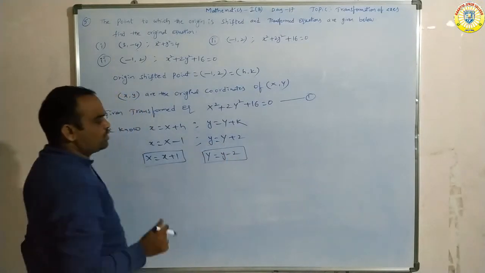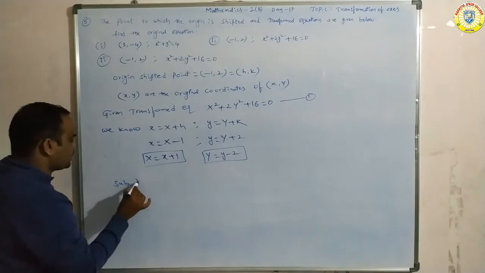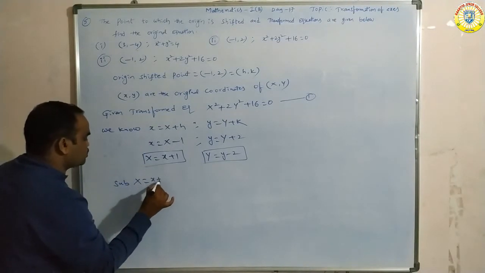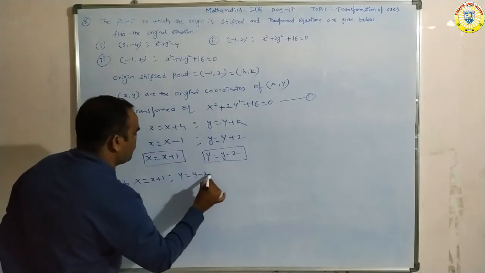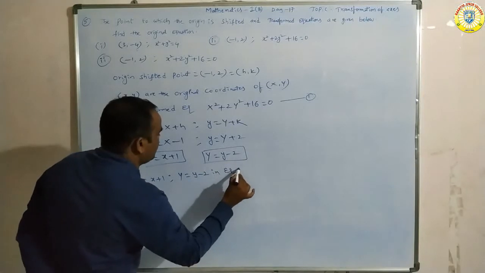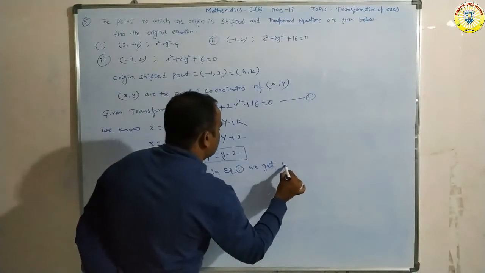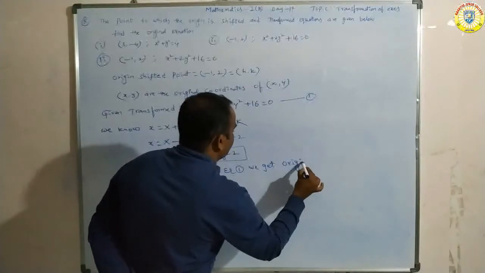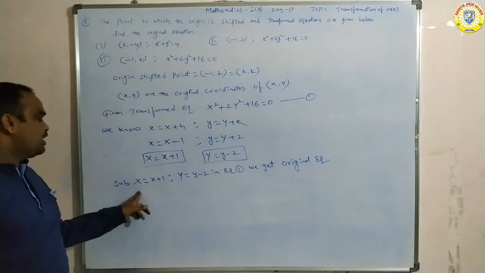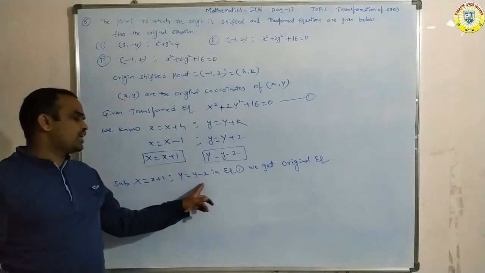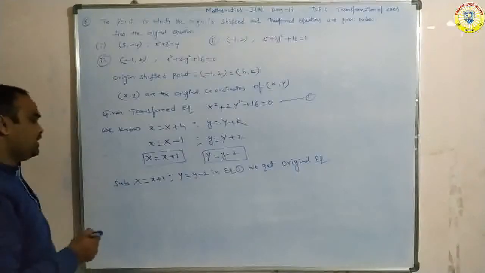Substituting capital X is equal to small x plus 1 and capital Y is equal to small y minus 2 in equation 1, we get the original equation.